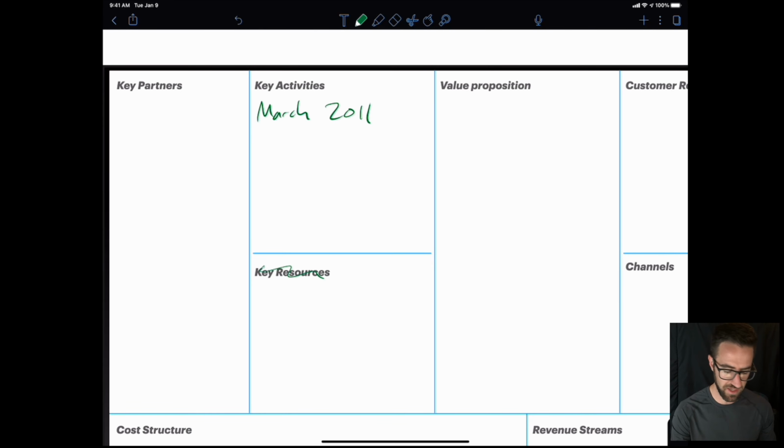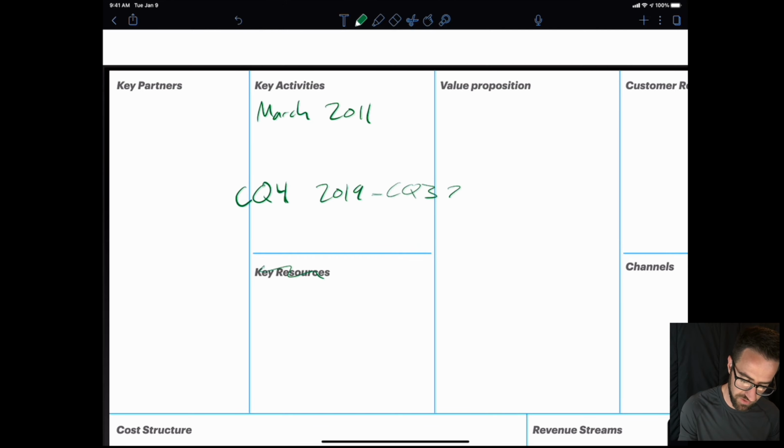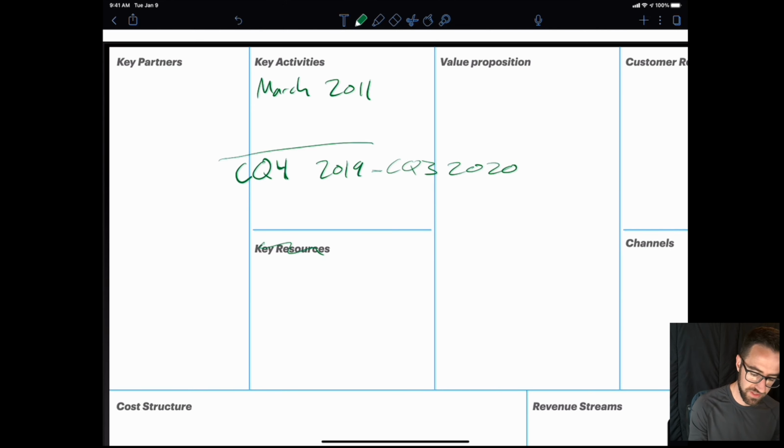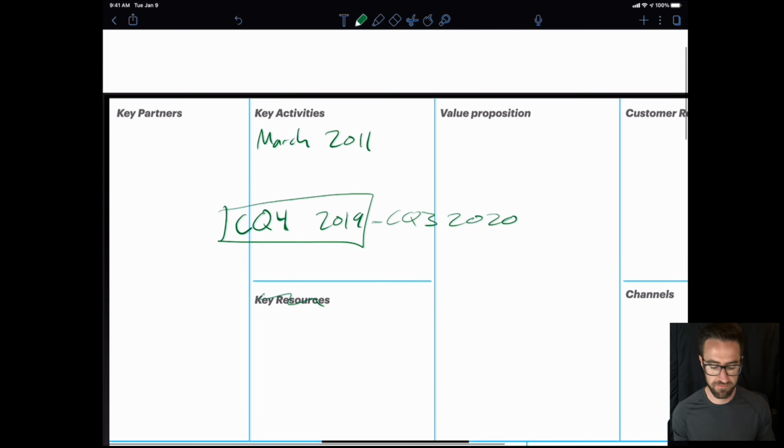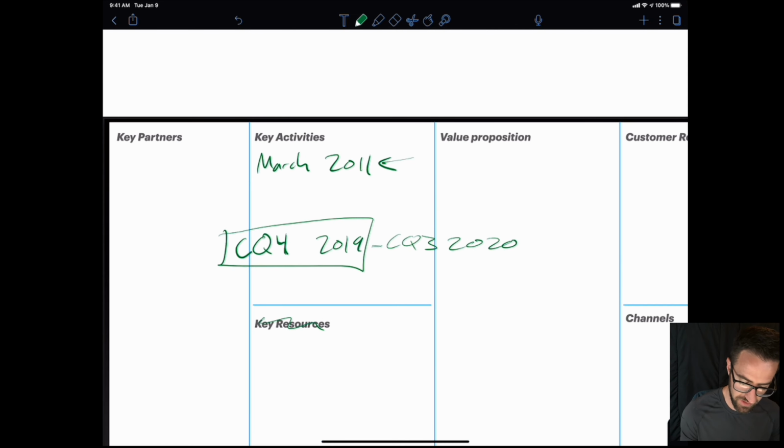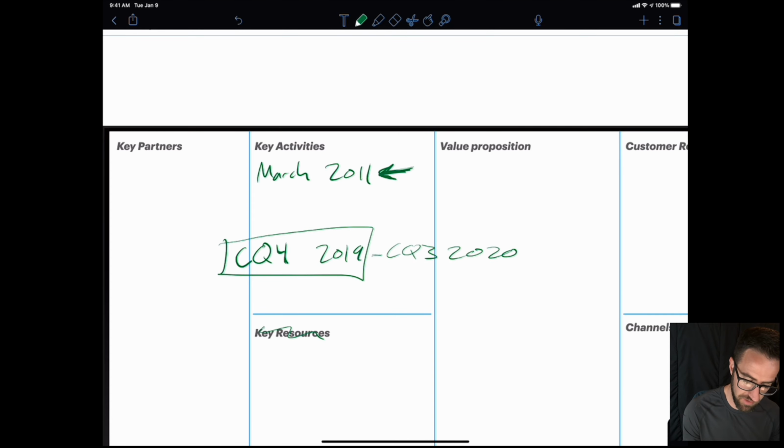It's still happening, I guess, which was calendar quarter 4, 2019, to, we'll say, calendar quarter 3, 2020. Now, this period is what matters the most here.